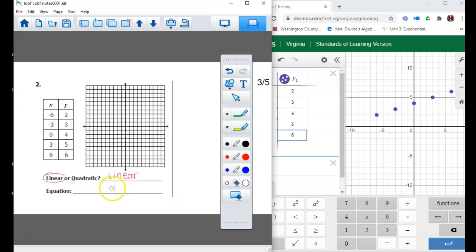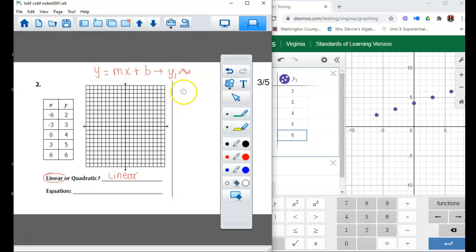Now, the purpose of that first decision, linear or quadratic, is to let you know which equation to use. So because it's linear, I'm going to use the equation y equals mx plus b. When I type this in, though, I'm going to have to make my y a y1. I'm going to have to make my equal sign a squiggle.